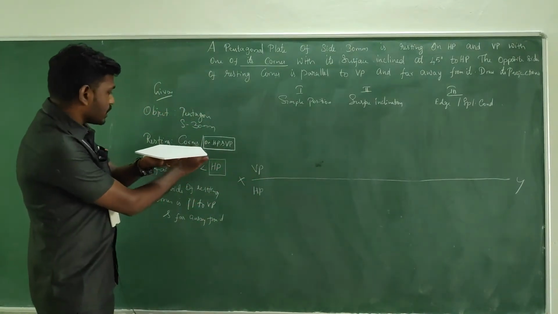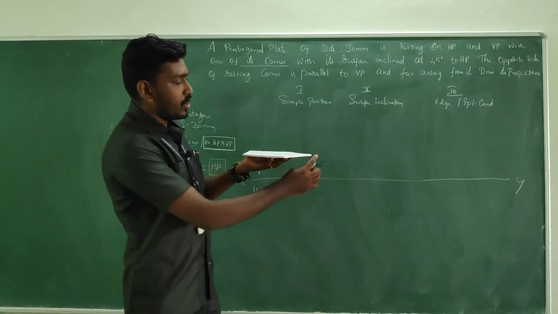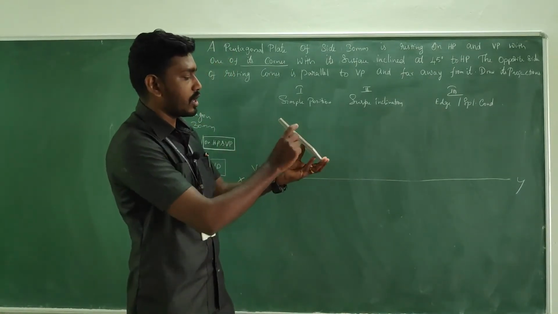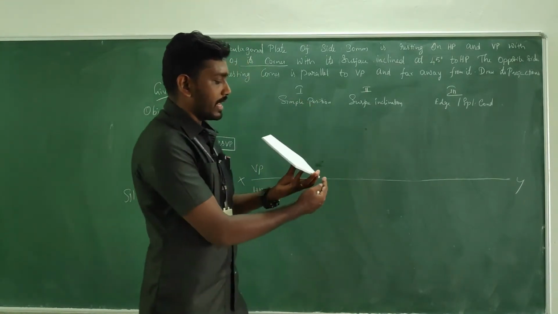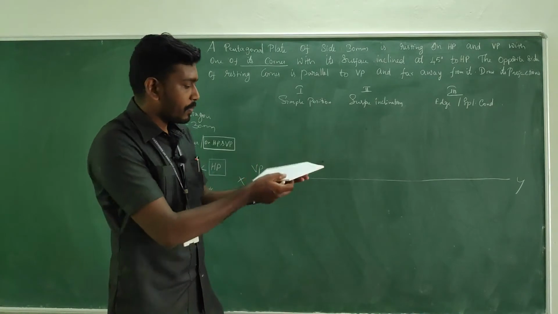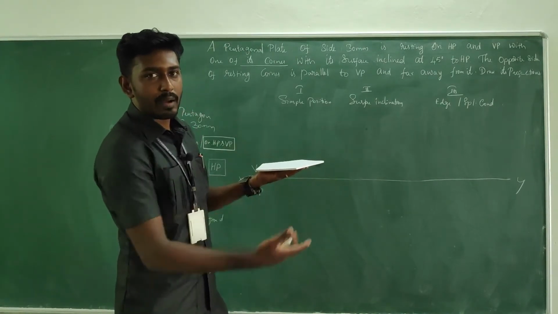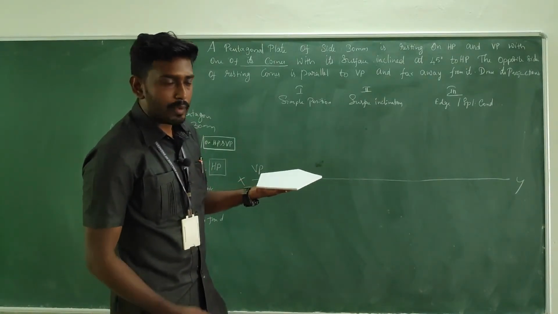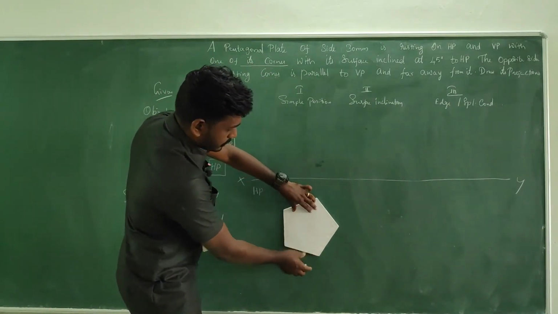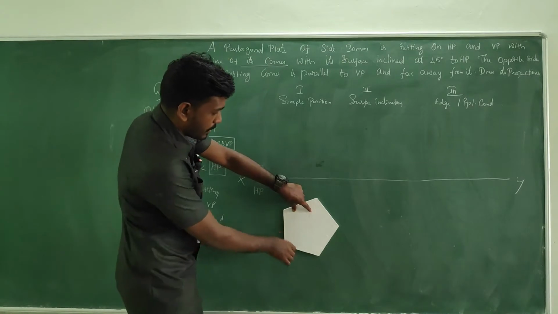Here it is resting with a corner, so make sure that one of the corners is on the right side, so that when you go to the second stage, naturally one of the corners rests on HP. So keep one of the corners on the right side. I am going to keep the object in this manner.